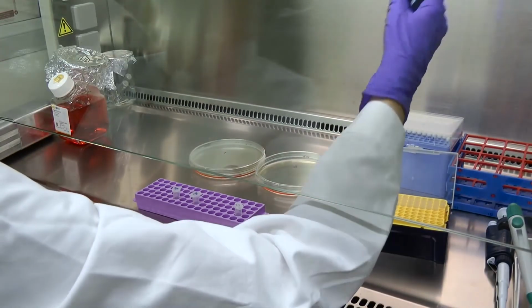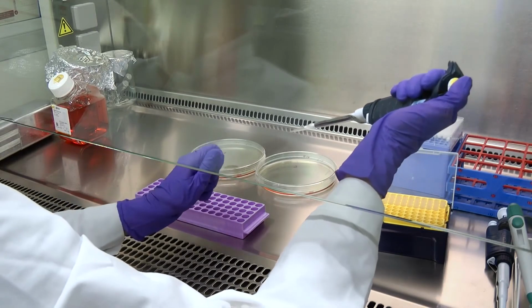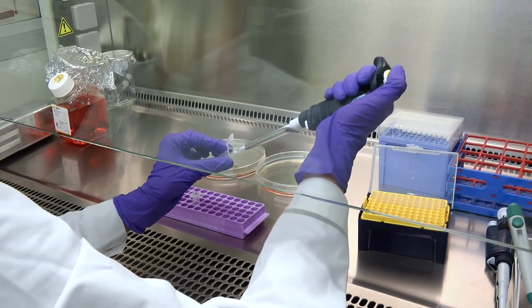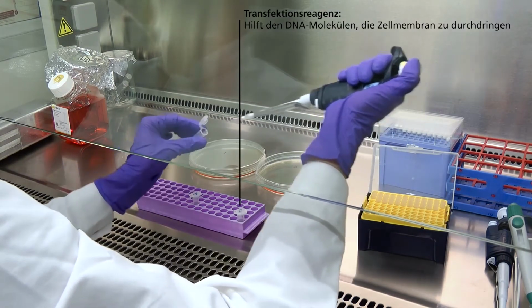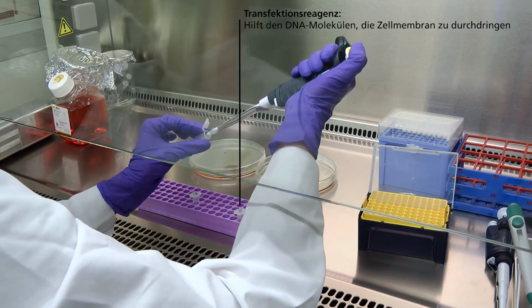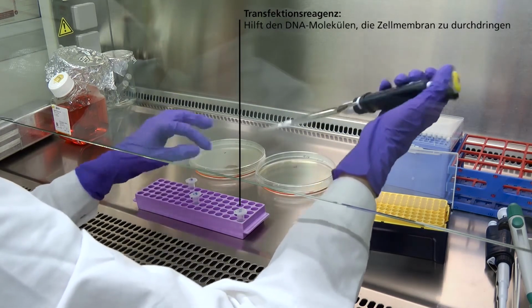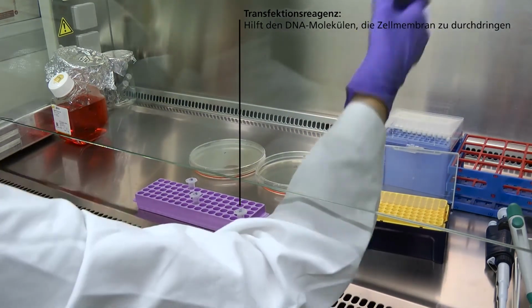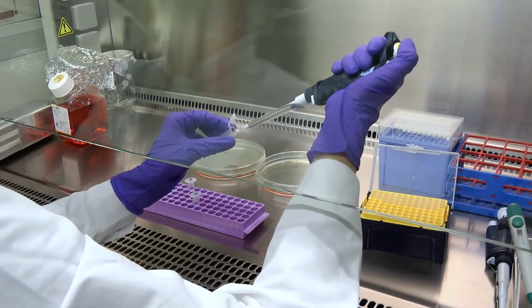So DNA cannot just go into the cell as it is, it has to be coated with a special reagent, with a transfection reagent. So I take a bit of it and add to the DNA sequence, to the DNA mix. Now DNA will be coated with small particles and will be possible to enter cells and get integrated.